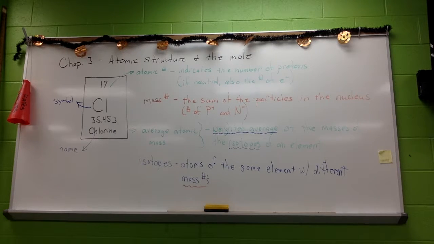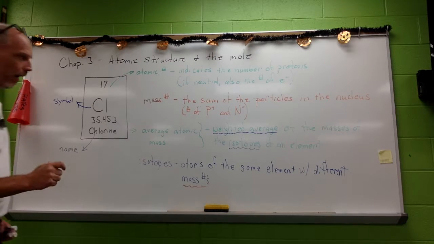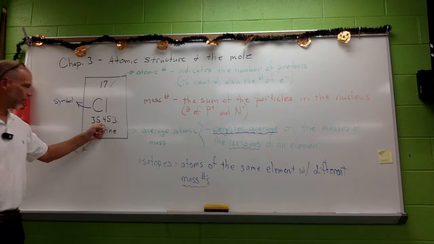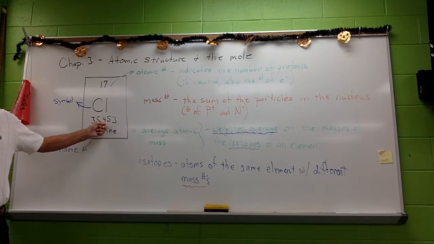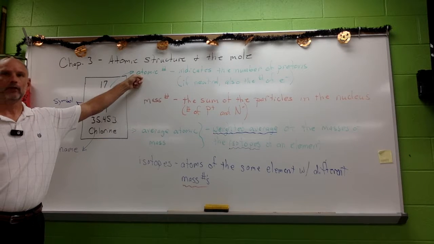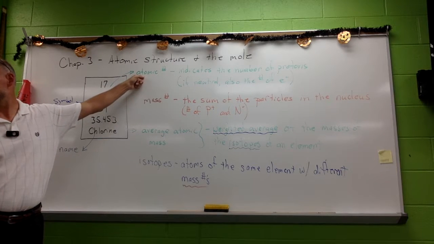Now here's what's... Many of you aren't quite ready to make the leap of understanding quite yet. But if all of these things are true, the average atomic mass for any element is always the same. The atomic number is always the same for any given element.